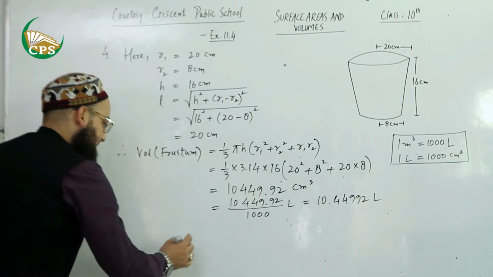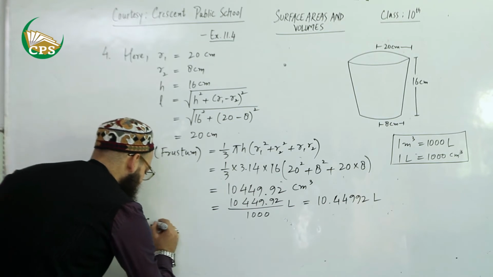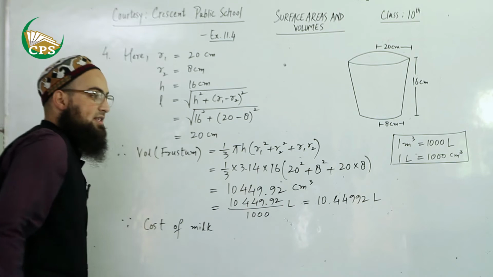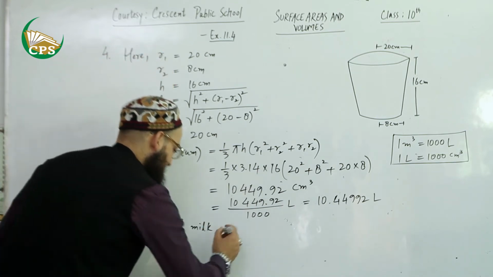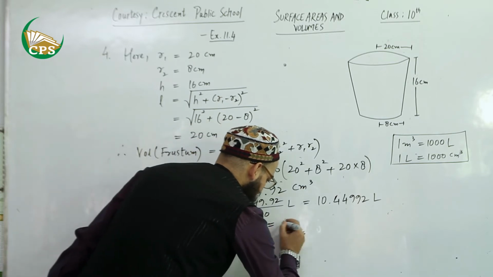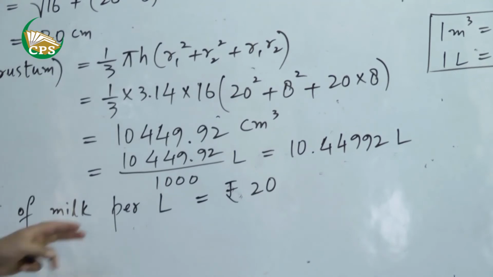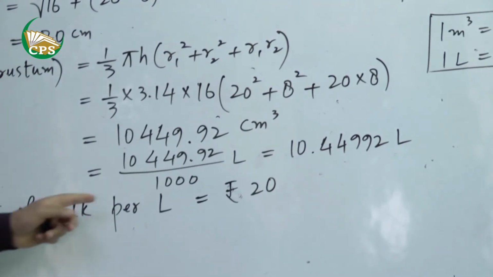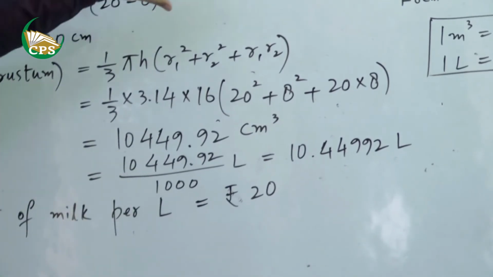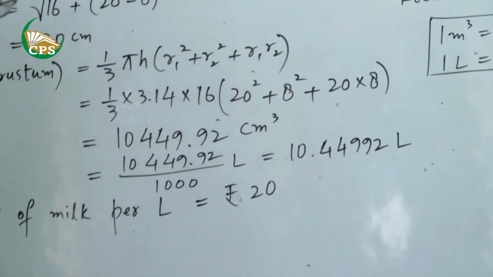Now, after that, cost of milk. The question says cost of milk per liter is rupees 20. In other words, we can say cost of 1 liter of milk is rupees 20. And our capacity of this container is 10.44 liters.